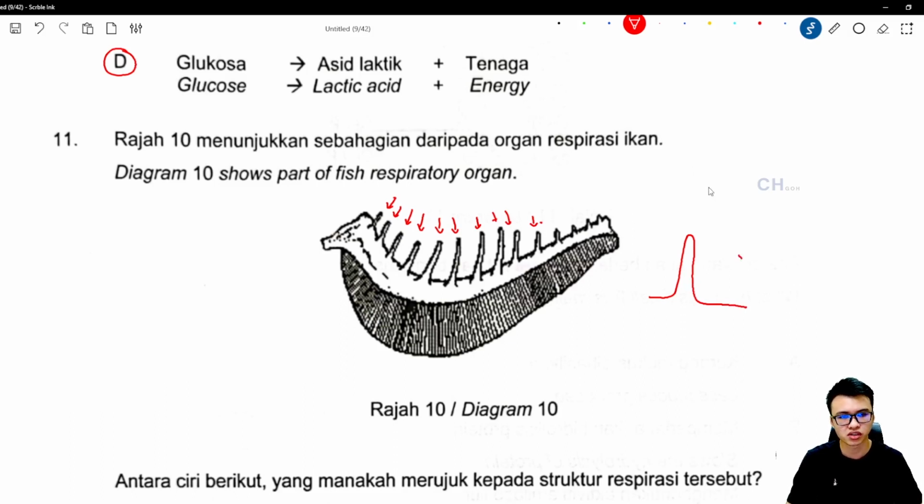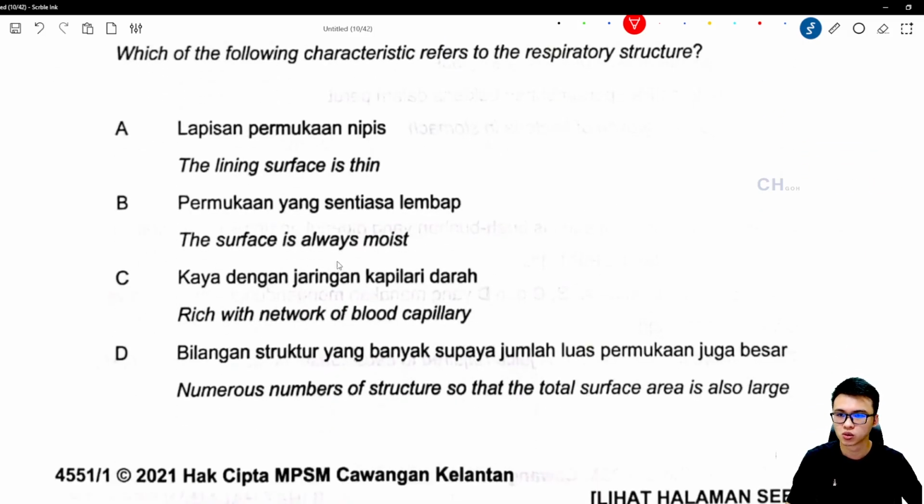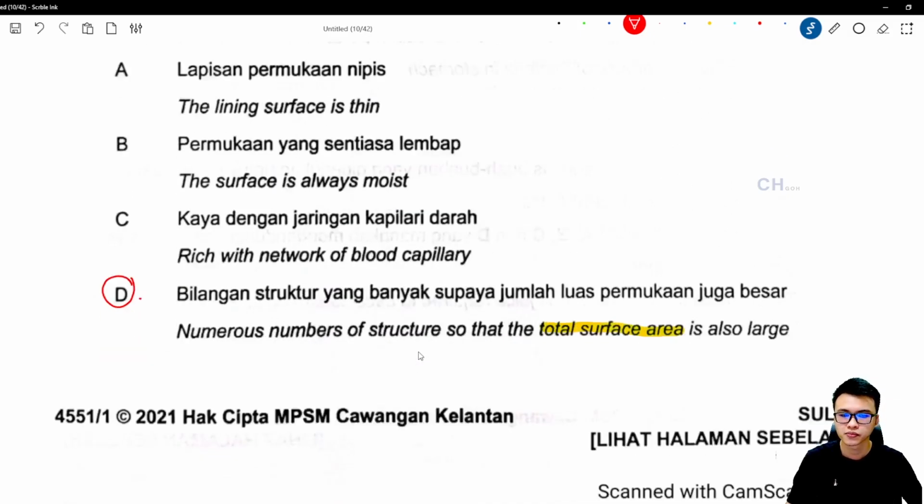You want to increase the total surface area. So when you see total surface area, this should be the correct answer. The answer should be D for question 11.